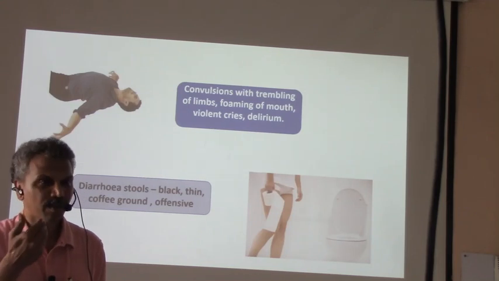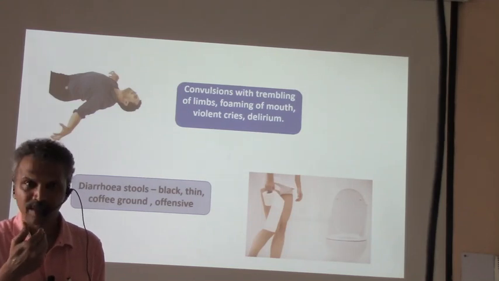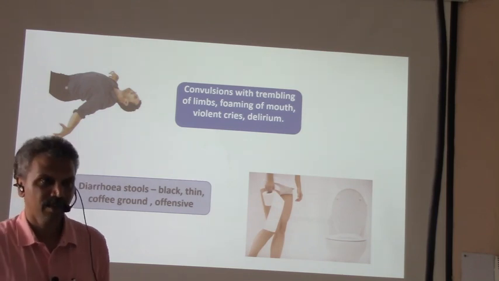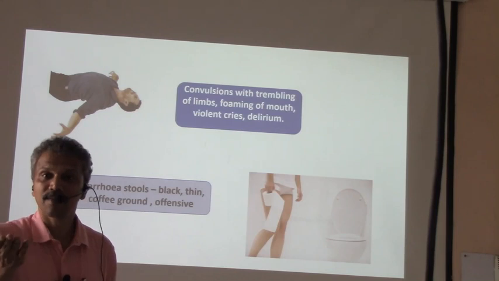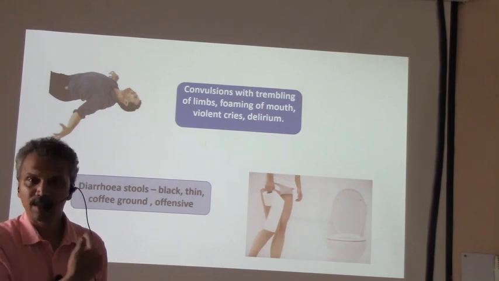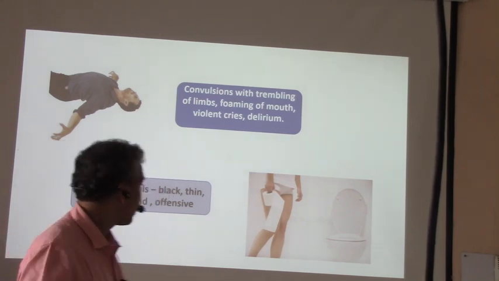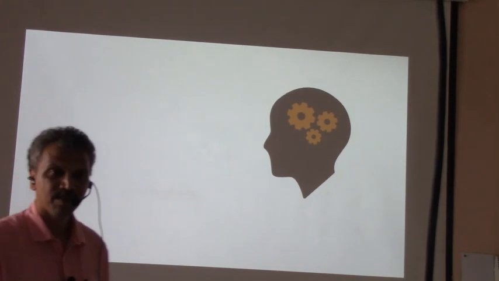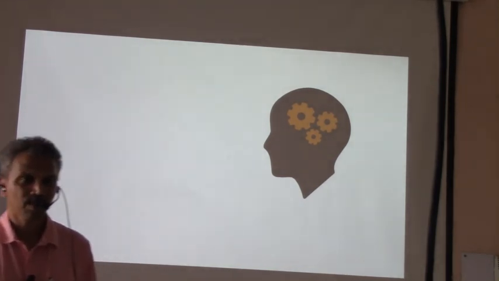We also spoke of the tongue, and then menopausal complaints. These are a few things, and cancerous affections, very important in Crotalus. Now, a very important topic we'll be trying to discuss.